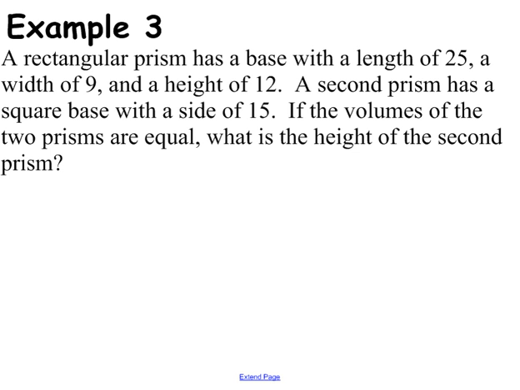Example 3. A rectangular prism has a base with a length of 25, a width of 9, and a height of 12. A second prism has a square base with a side of 15. If the volumes of the two prisms are equal, what is the height of the second prism?